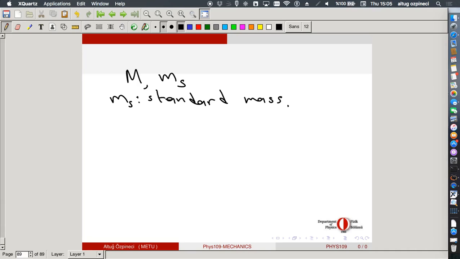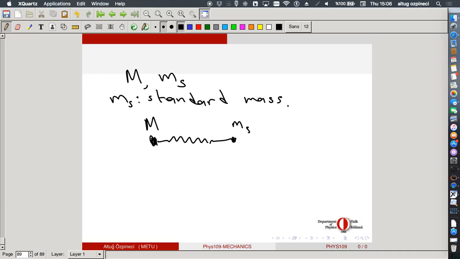So how do you determine the mass, or how do you determine the ratio of the masses? Okay, one thing you can imagine is to take one mass. This is our unknown mass m. Then we have the standard mass. Let them exert forces on each other. For example, you can just imagine attaching a spring.